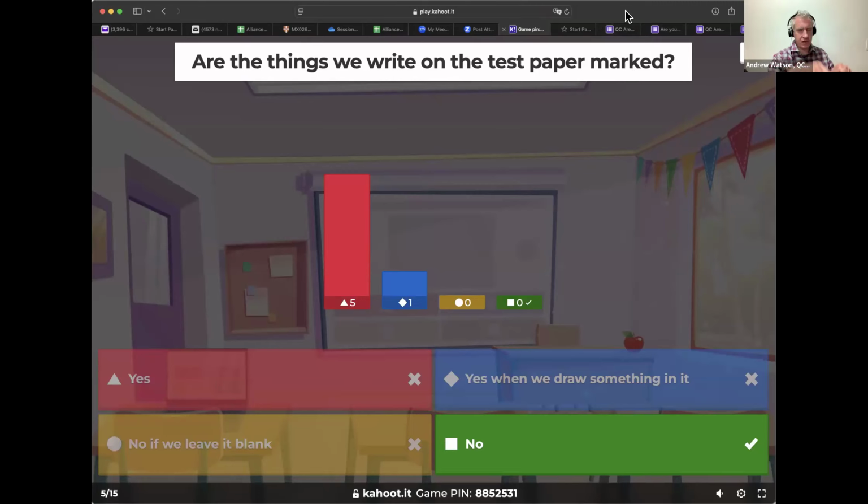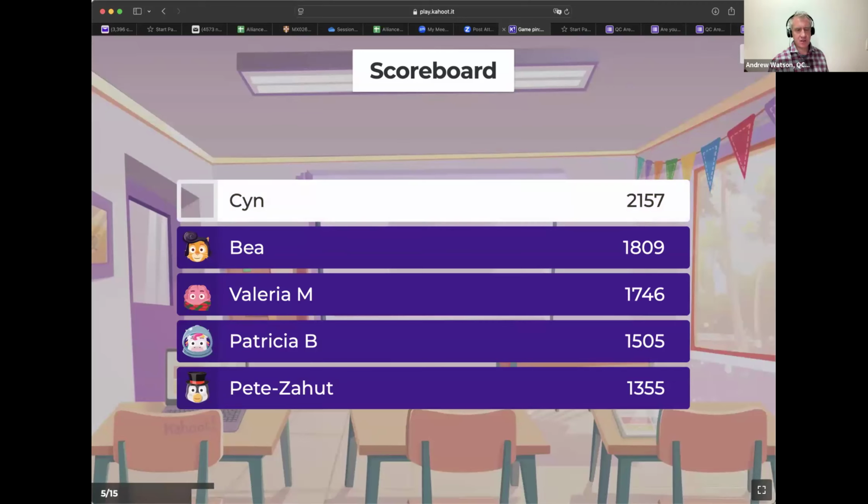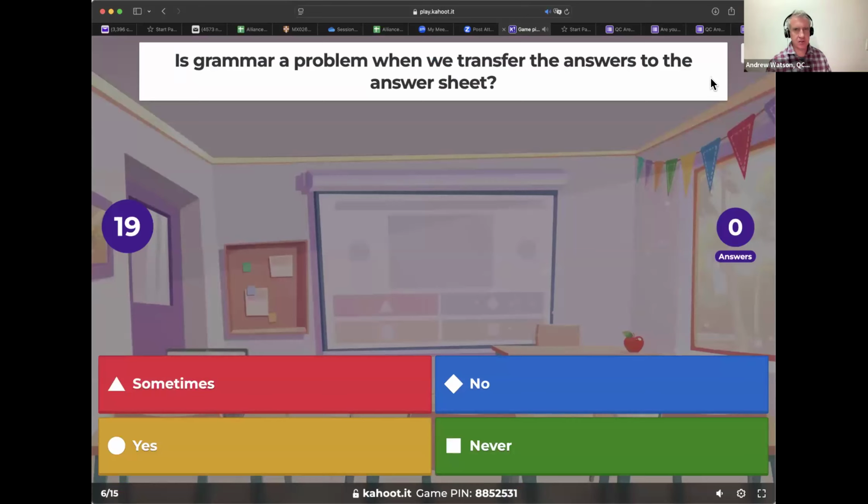If you're doing the paper-based IELTS, you can actually make notes on it. Also on the computer-based, I think you can make notes on the question paper. And they're not marked. So that's why it's important to encourage them to be careful when they transfer their answers.